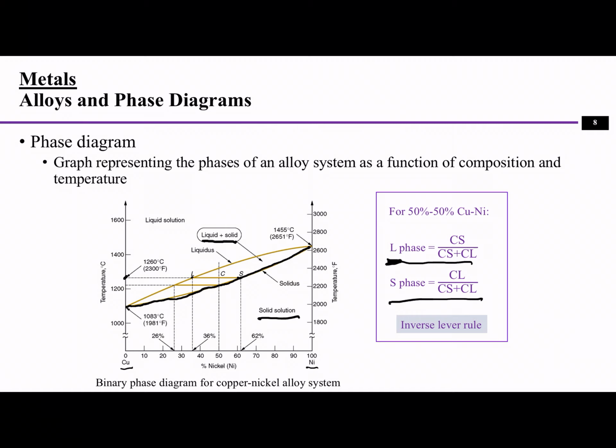This is the whole segment length. Same, if you want to calculate the solid phase, then this is the rest of that. So this is how you can calculate the percentage or portion of solid and liquid in this material.